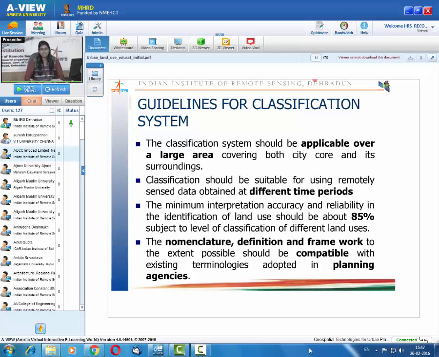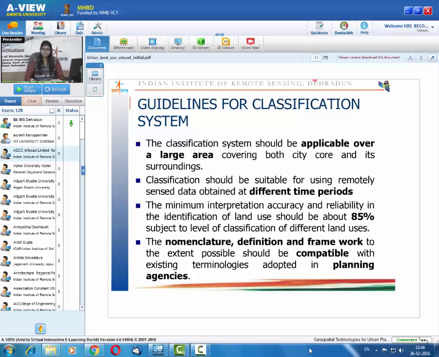The classification system should not be applicable only over a smaller area. It should be generic in nature and applicable over a large area. It should be able to govern different time periods. The minimum accuracy should be 85%. What I mean by 85% is that 85% of the pixels or classes should belong to the class which they belong to on the ground. That means what we have classified and what it is on the ground should be the same.